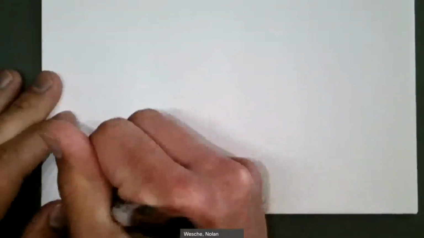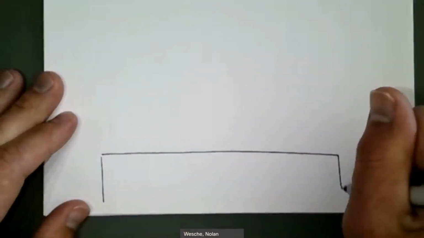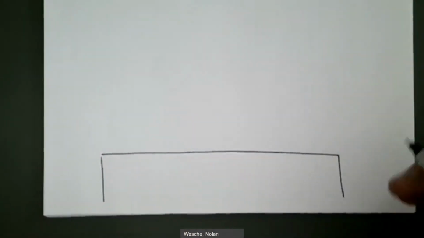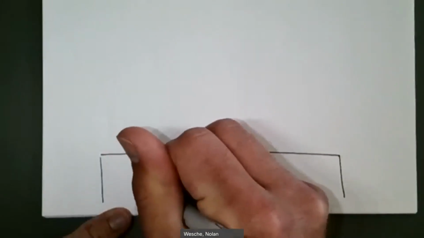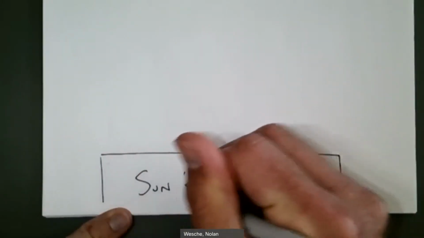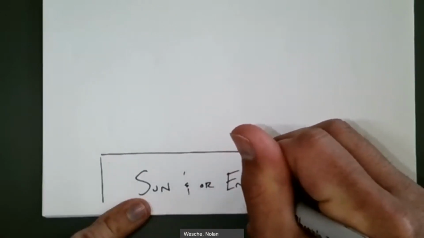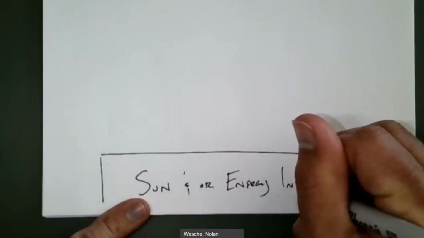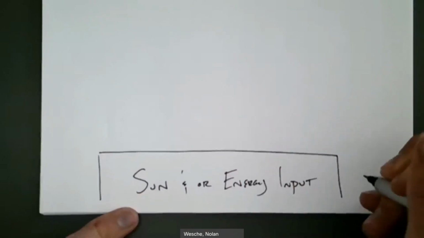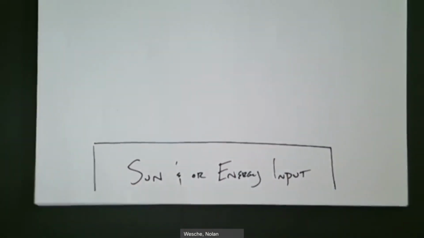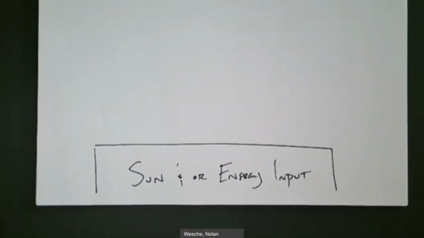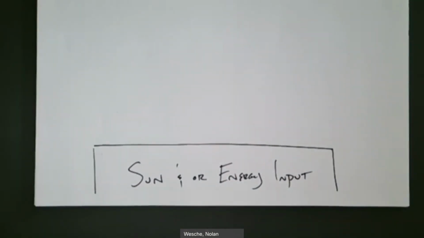So I'm going to start my energy pyramid here at the bottom of the page. So here it is. And what we'll say is this level represents the sun and/or energy input. Usually it's going to be the sun, but if you have an ecosystem like at the sea floor with hydrothermal vents, then perhaps you have something different there as the basis of your energy input.